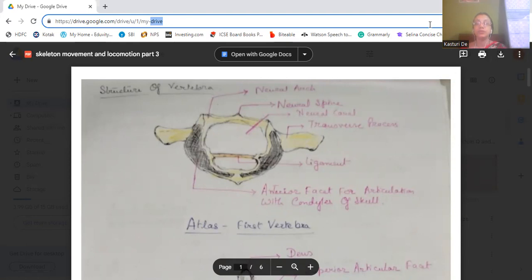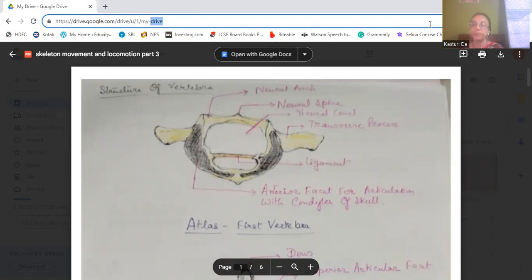So we have ended with the structure of the vertebra, the atlas vertebra, that is the first vertebra of our backbone. We know that the backbone consists of the vertebral column that consists of 33 vertebrae.